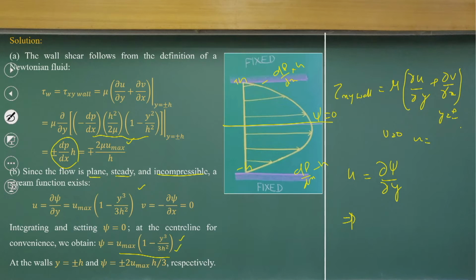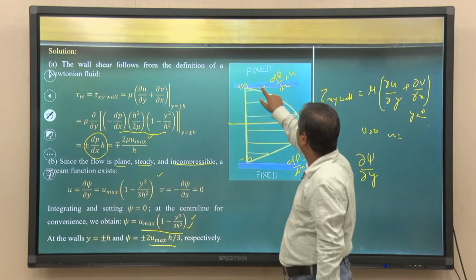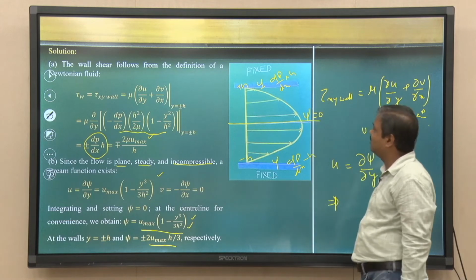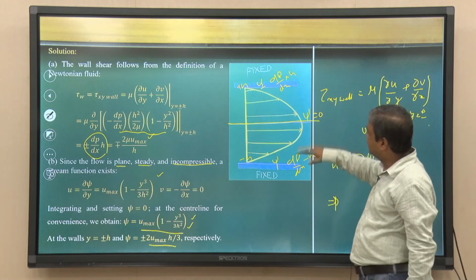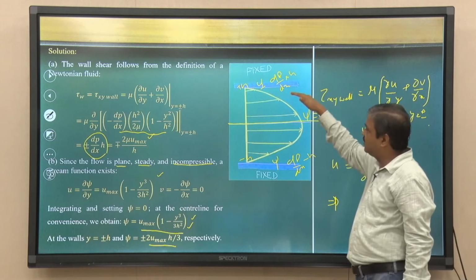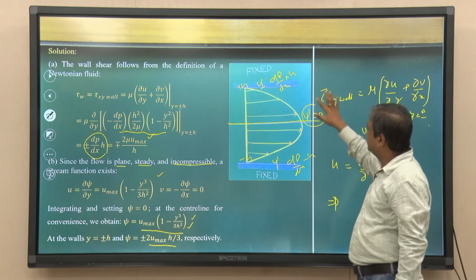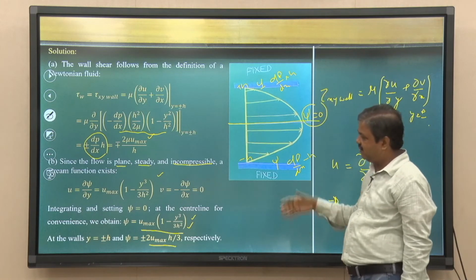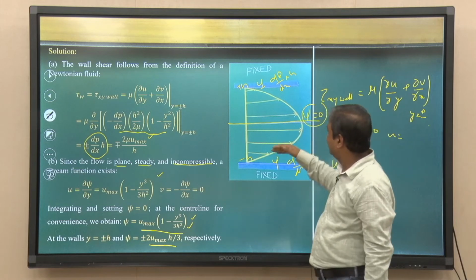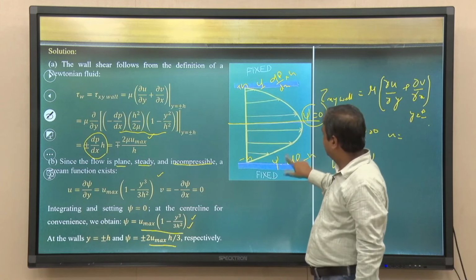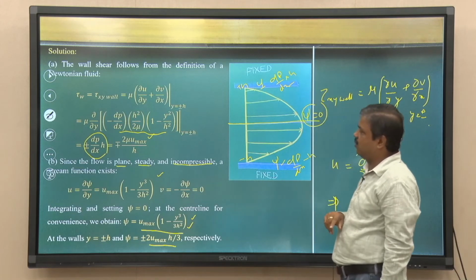So, that is what is shown. You can get a streamline function, and that is the value at both the walls, with plus and minus signs. As we are considering the centerline stream function equal to 0, we can set that value, then we can get the stream function values at both the fixed walls.